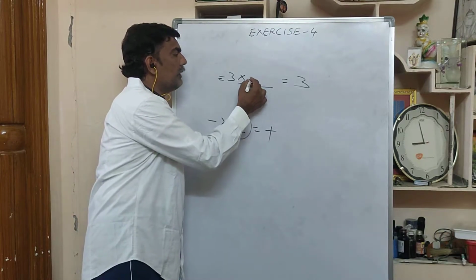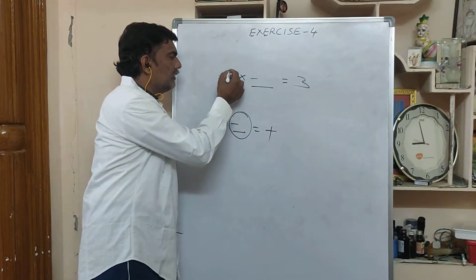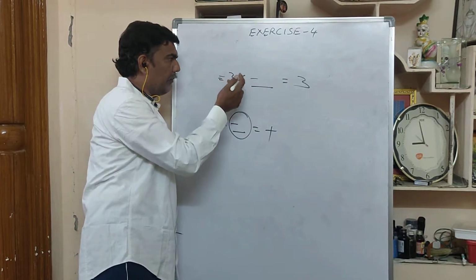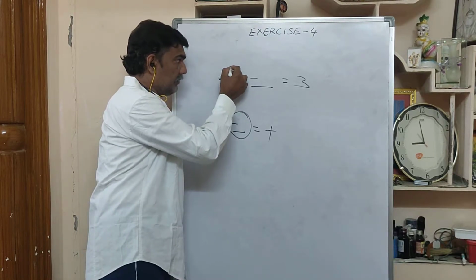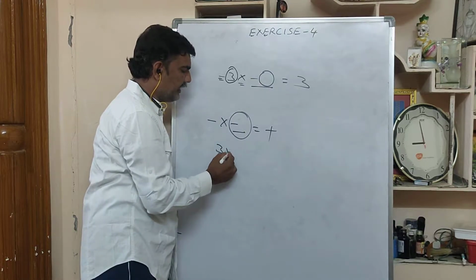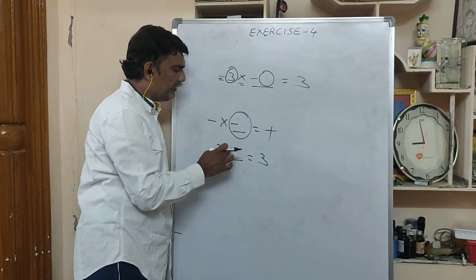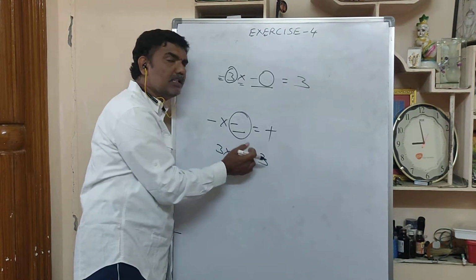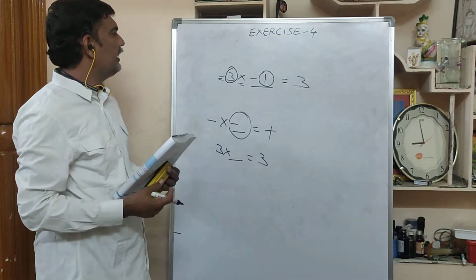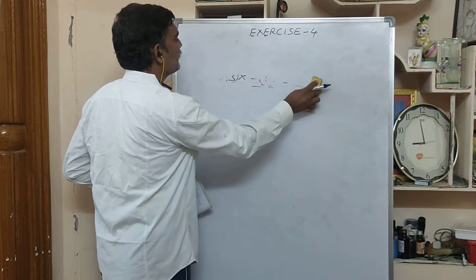So in this answer minus will come. Yes or no? First you multiply symbols, then go for numbers. What is this number? 3. Here you have to write some number. 3 into how much is equal to 3? Means 1. So minus 3 into minus 1 is how much here? Plus 3. So in the answer you have to write minus 1.